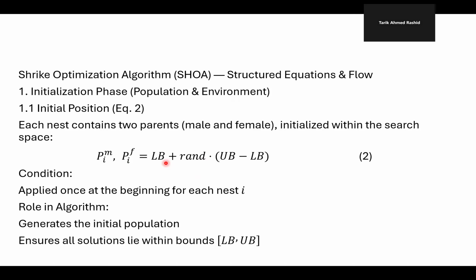This is a one-time initialization, and then we get a population. We ensure that the whole population is within the upper bound and lower bound; if not, we cap them to become within the lower bound and upper bound.